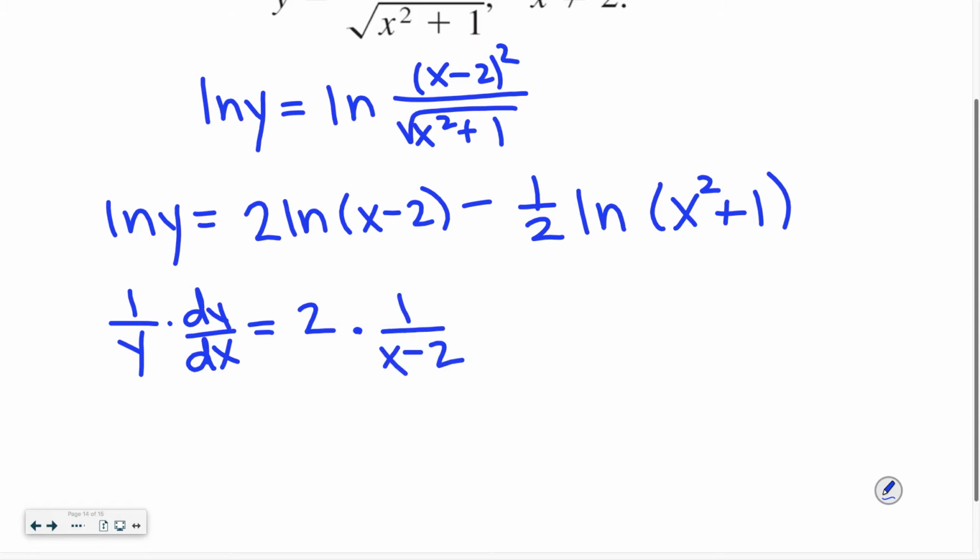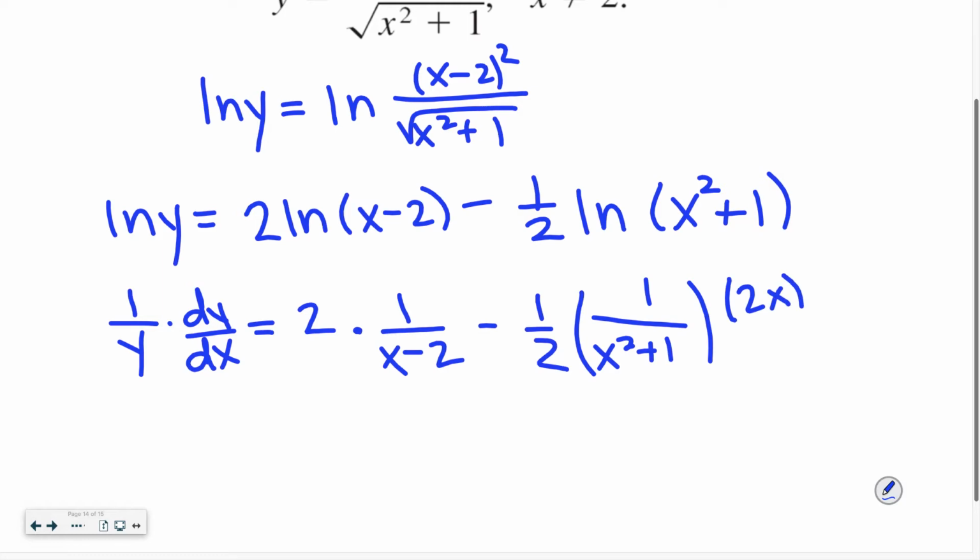So just 1 over x minus 2. Minus 1/2 times the derivative of natural log of x squared plus 1. Well, we have 1 over what's inside. And then we would have our chain rule.